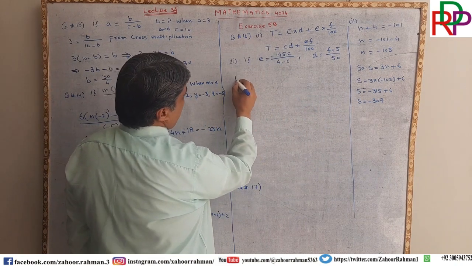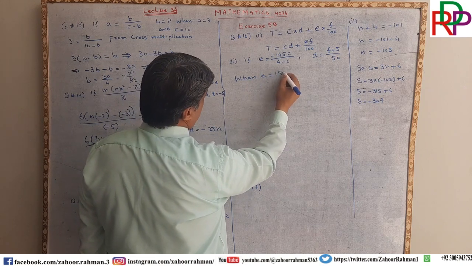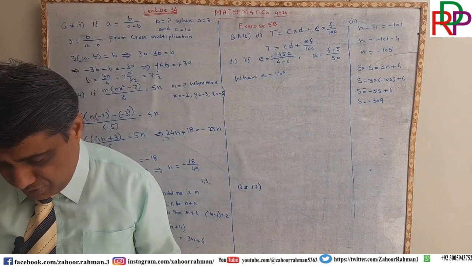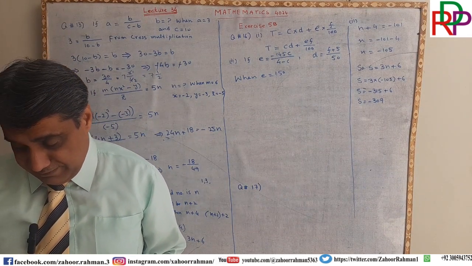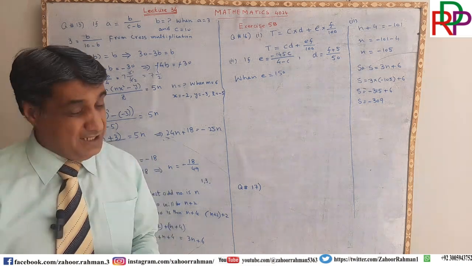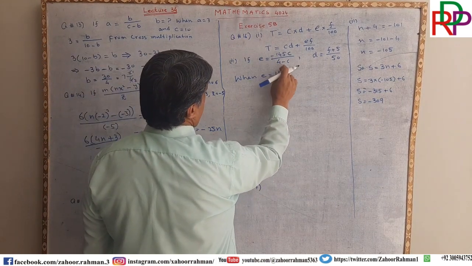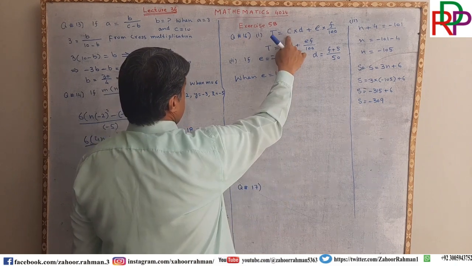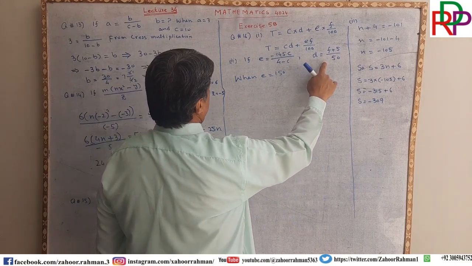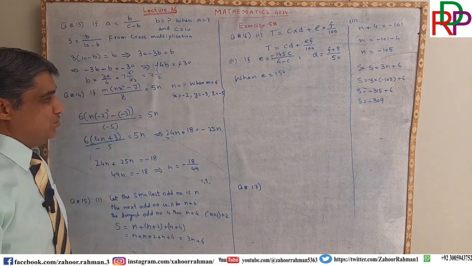Let us do it when E is equal to 150. They gave us that when E is equal to 150 and D is equal to 3, find the value of T. So first we have to take this and find the value of C, for this formula. And then in this formula they gave us another value, we have to find the D. E and F is given. So let us do this.